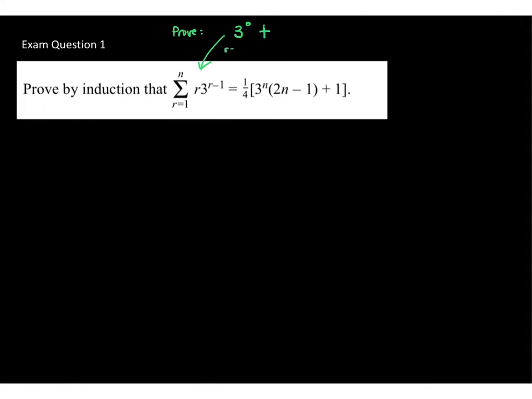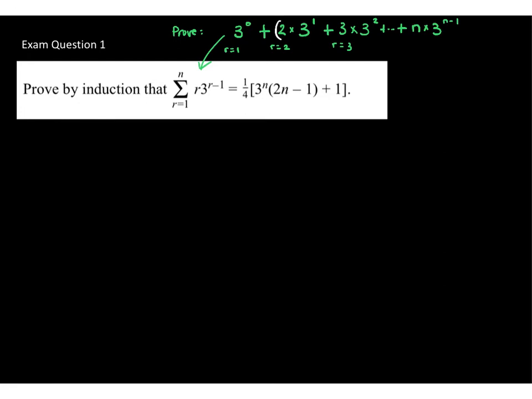What happens if r is equal to 2? Well, then you get 2 multiplied by 3 to the power of 2 take away 1, which is 1. So that's the second term. And then the third term, if r equals 3, you get 3 multiplied by 3 to the power of 3 take away 1, which is 2, so on and so forth until you get to the nth term, which is n multiplied by 3 to the power of n take away 1.